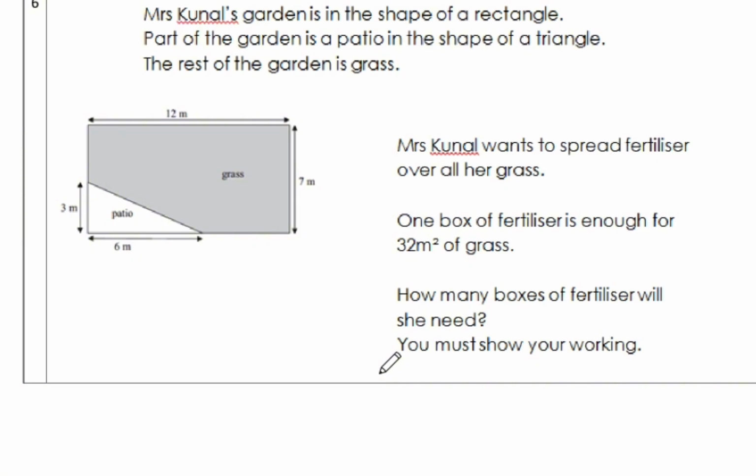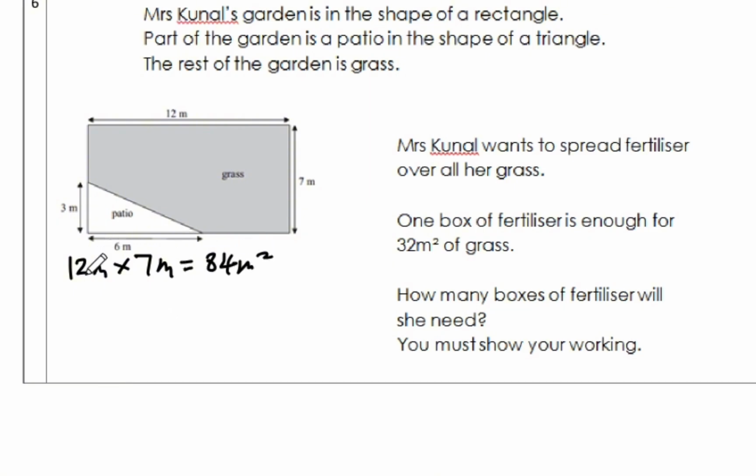Okay, so first we need to calculate the area of the grass and the patio, so we can take this rectangle and subtract it with the area of the patio. So first, we'll find the area of the rectangle first. 12m times 7m would equal 84m square.